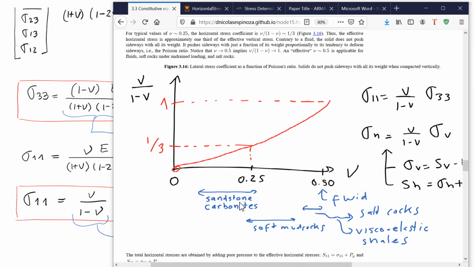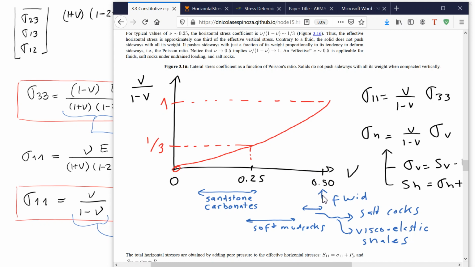We do have some other types of rocks and sediments that have a larger Poisson ratio. For example, salt rocks, or very soft mud rocks or shales can have an effective Poisson ratio which is close to 0.5, and therefore those type of formations are going to push with almost all their weight laterally, and the effective horizontal stress is going to get closer to the effective vertical stress.